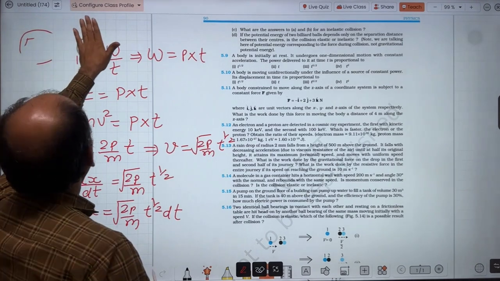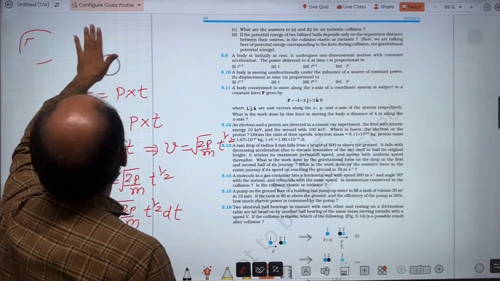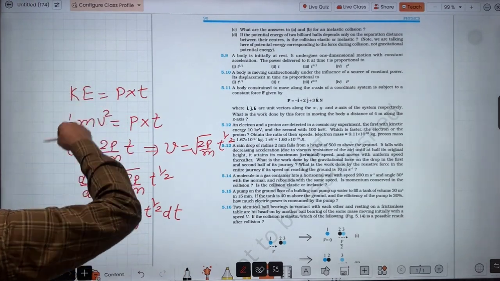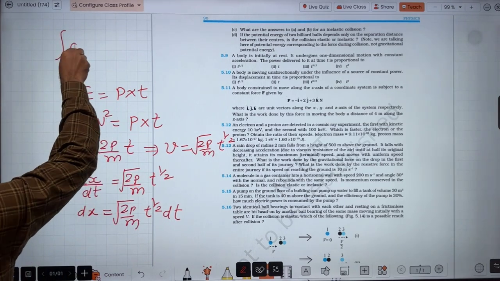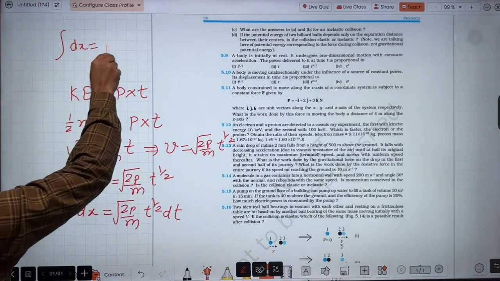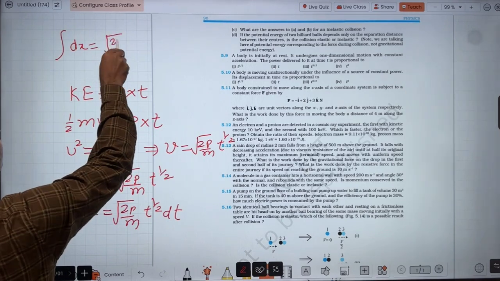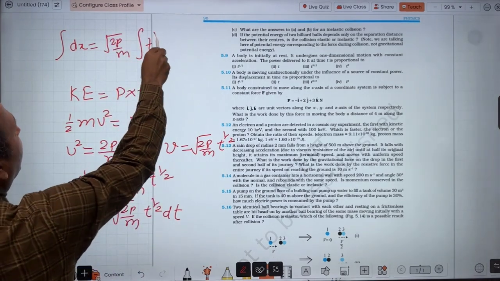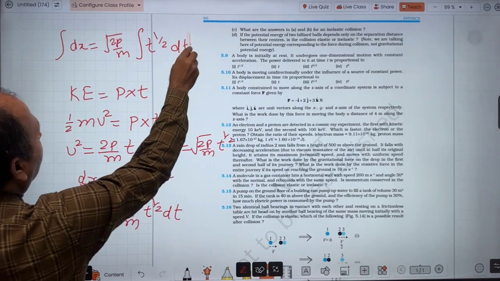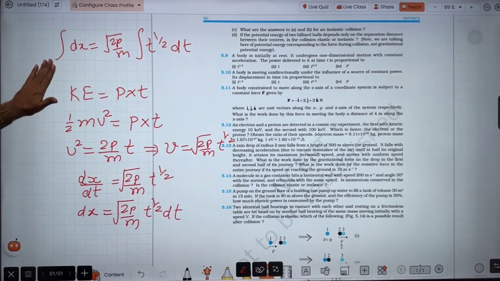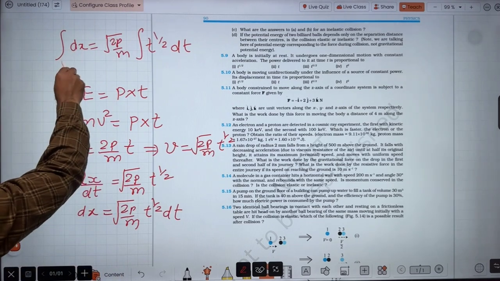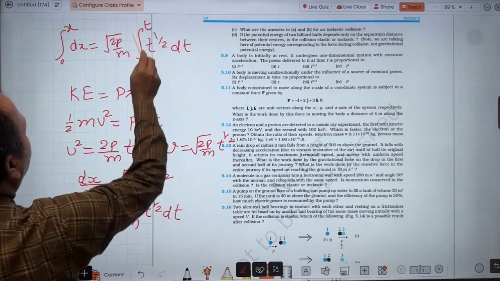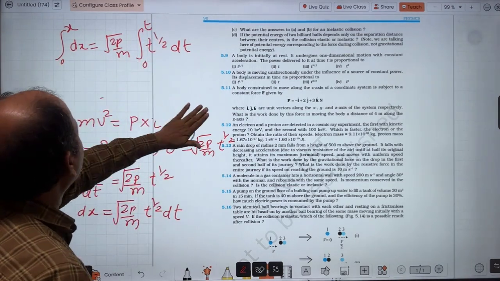Now what we can do, we can integrate it. So if we integrate, we write integration dx is equal to root 2p upon m outside the integration symbol, then t power half dt. We assume that distance changes from 0 to x and time changes from 0 to t.